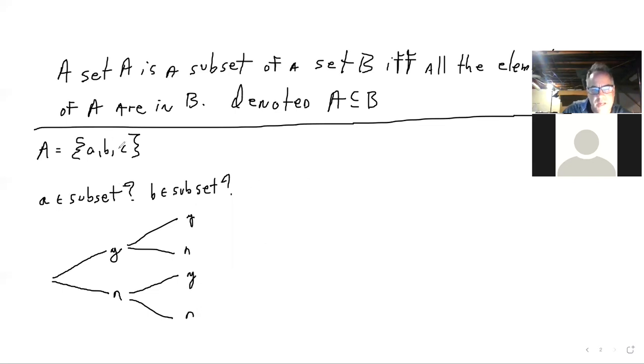And then the same thing's going to happen when I grab the third element. I've already asked these two preceding questions. So is C an element of the subset?